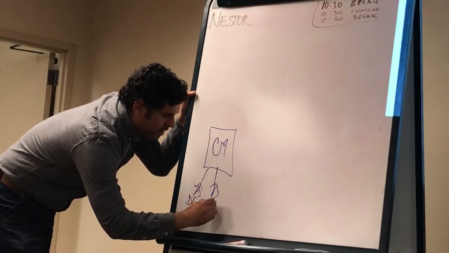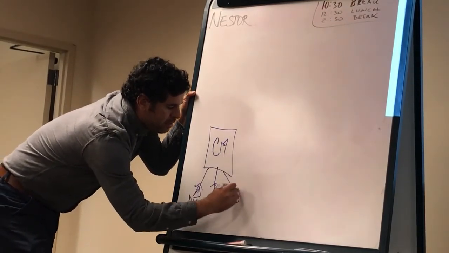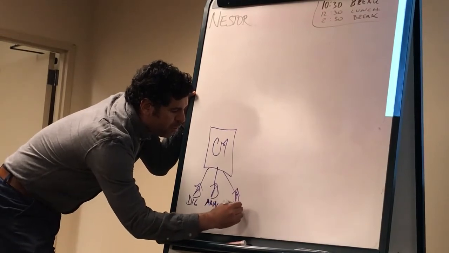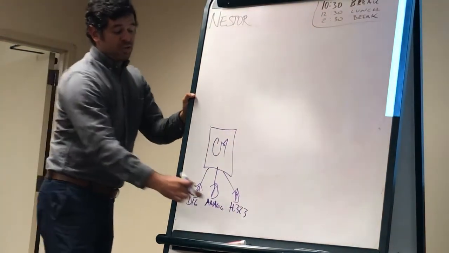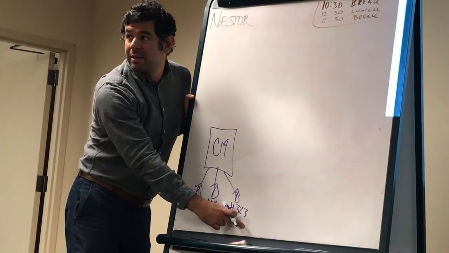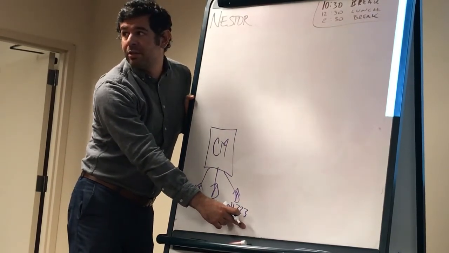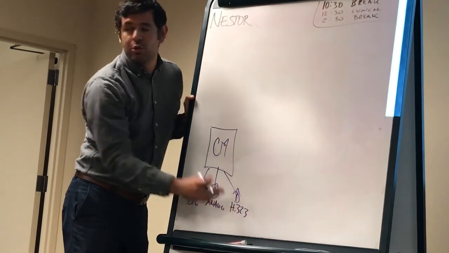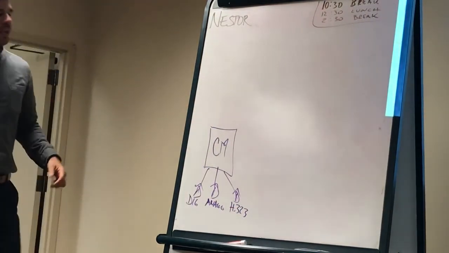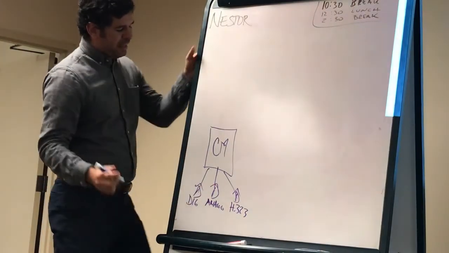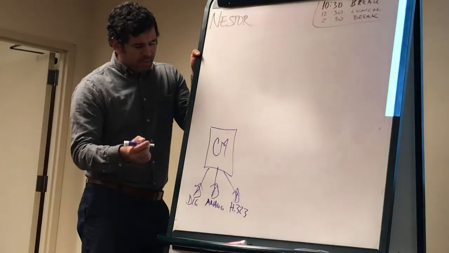Digital, analog, and as you said, H323. And I like that you're saying H323 instead of IP, because now IP phones could be H323 or SIP, depending on the signaling protocol that they use to communicate with the servers. Okay, so these three types of phones, and then that was it.